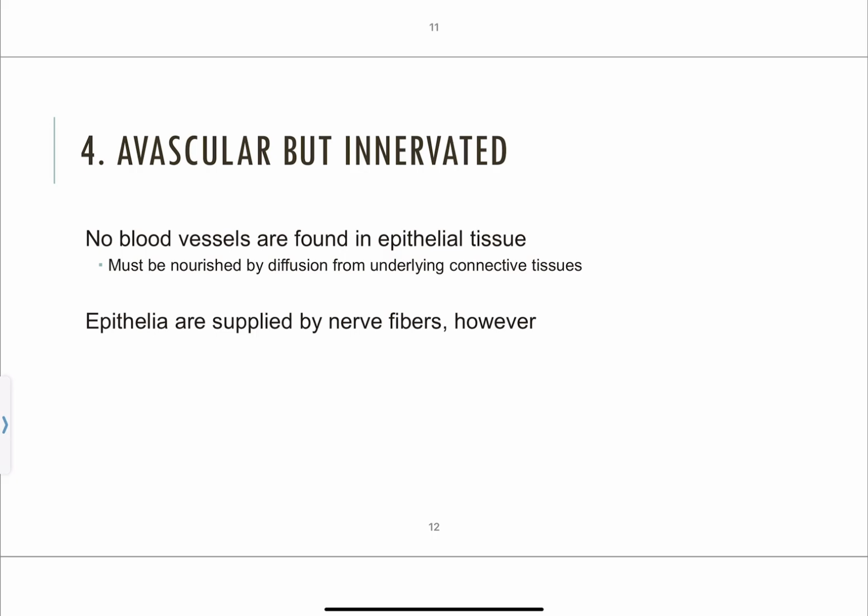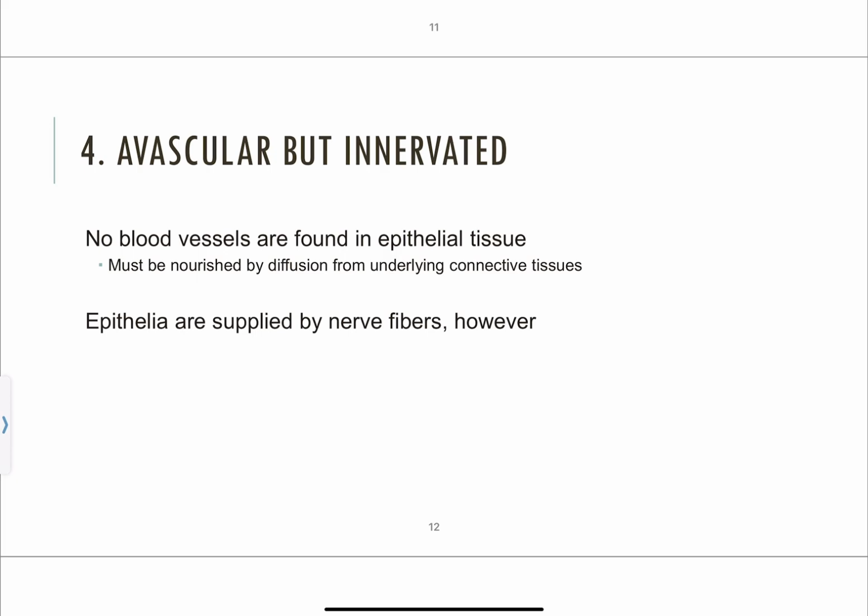So they still need a supply of nutrients and a blood supply, but they're just getting it from the underlying connective tissues, because the connective tissues underneath do have blood vessels. So then they can release the nutrients that can diffuse up to the epithelial tissue. Even though they don't have any blood vessels, they do have nerve fibers. So if you pinch yourself on the arm right now, you can feel it.